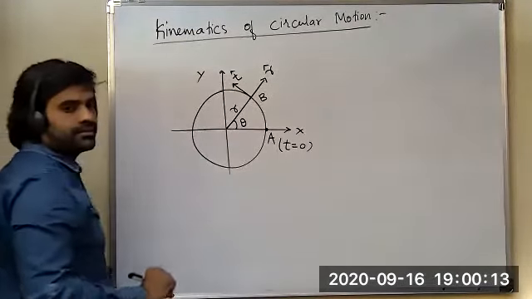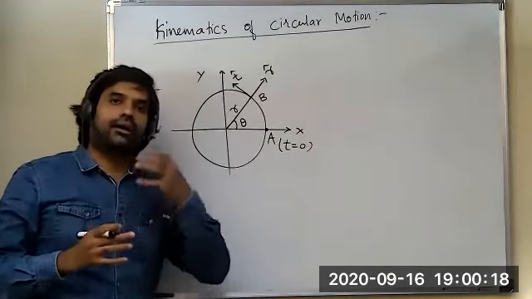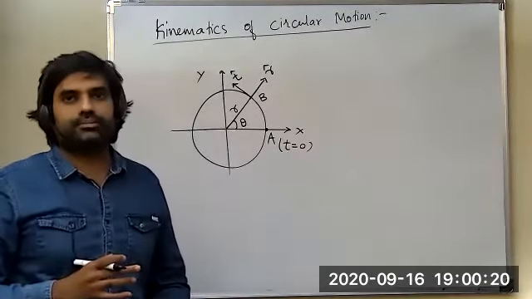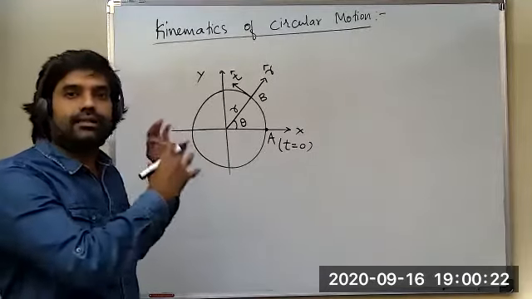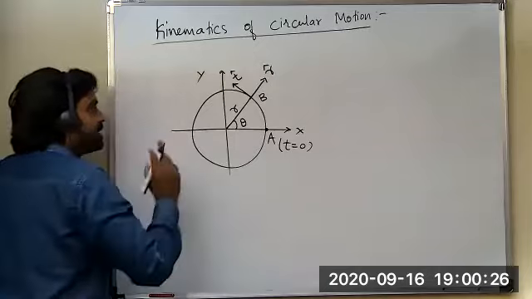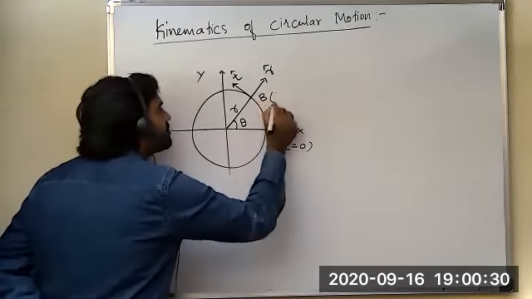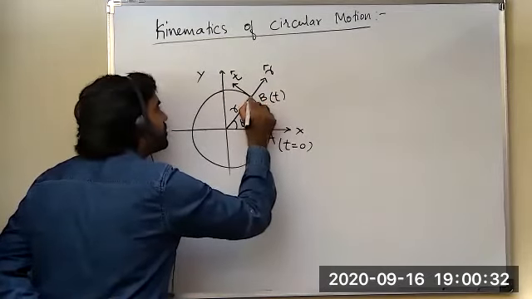Listen carefully students. In order to show you the parameters that are governing the circular motion, I am taking the concept of circular motion in a coordinate system. Okay guys, as a part of that, I have considered this is a starting point, and after time t, the body has reached up to here.